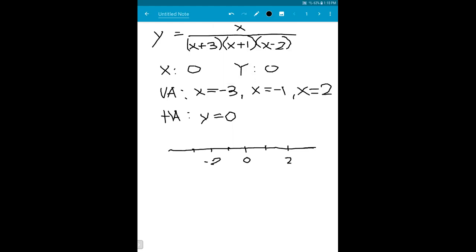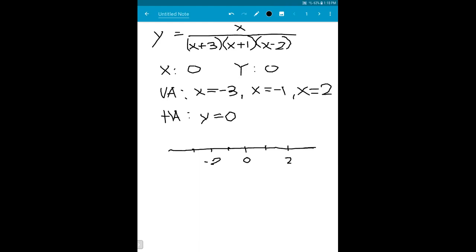What are the critical numbers? How do you get the critical numbers? You set both numerator and denominator to 0 this time. So for x-intercepts, set the numerator to 0. For the vertical asymptotes, set the denominator to 0. But for the critical numbers, you set both numerator and denominator to 0. The values obtained are the critical numbers.